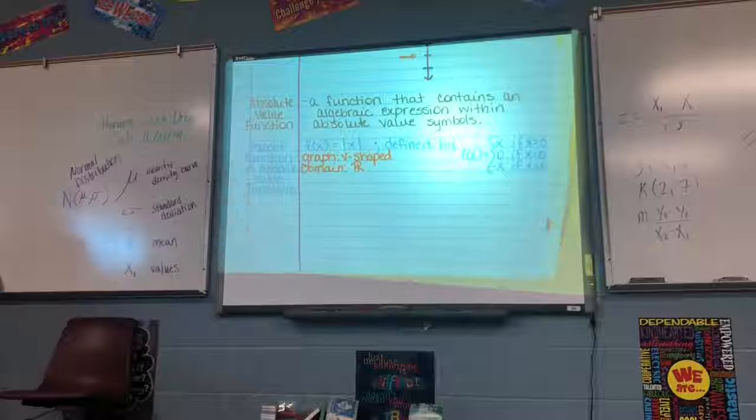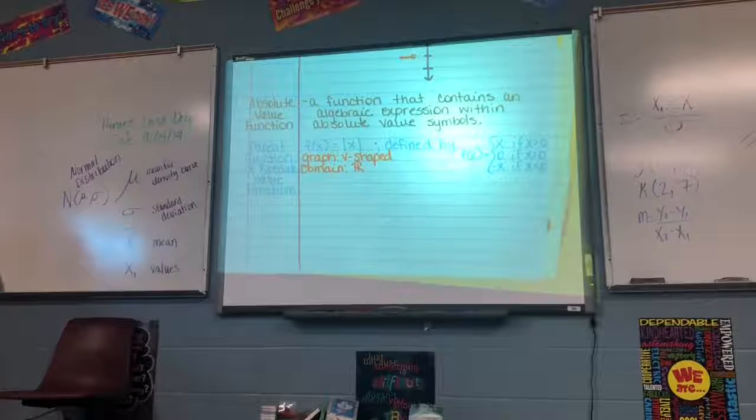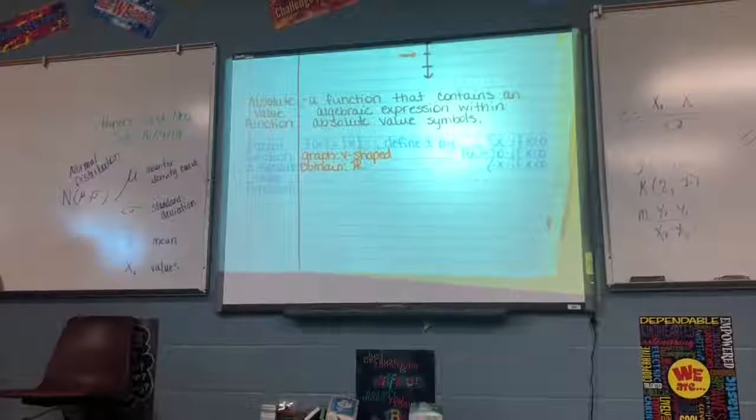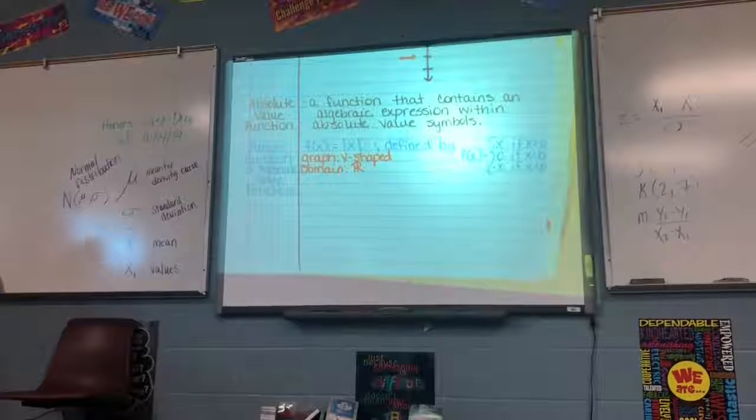It continues to grow out to the left and out to the right like quadratics do, except it makes a V instead of a U, so it's not so curved at the bottom. It's a very strict V. That'd probably be why your Algebra 1 teacher may have taken points off if you didn't make it curve, because the quadratic is a curve where the absolute value is a strict V. Does that make sense? Okay.